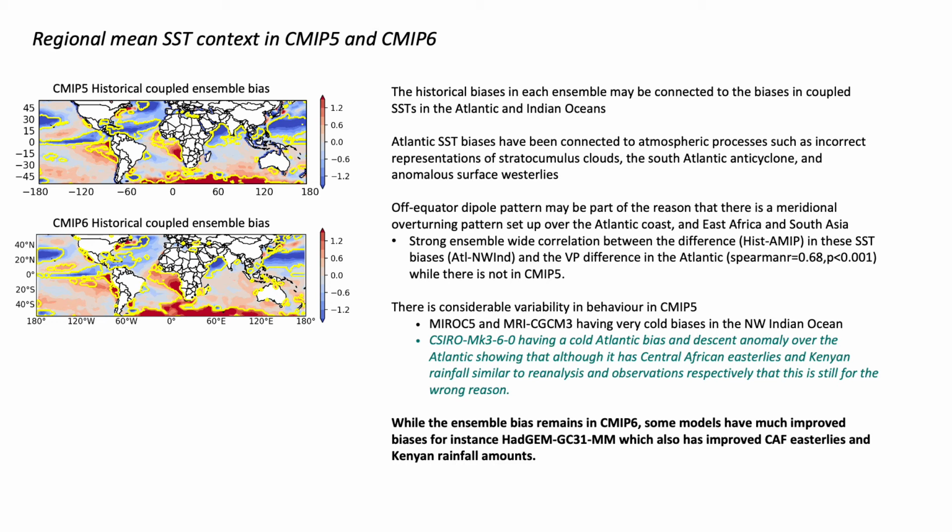So the off-equator dipole that you have set up here between the Atlantic bias and the northwestern Indian Ocean bias might be quite important for the bias in overturning between the Atlantic and Indian Oceans.